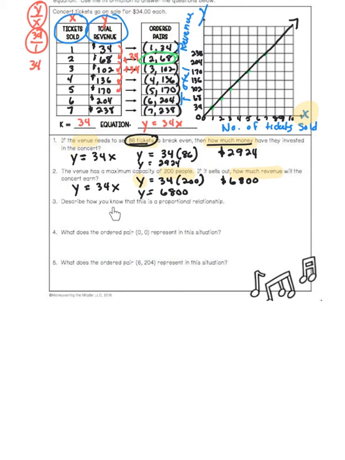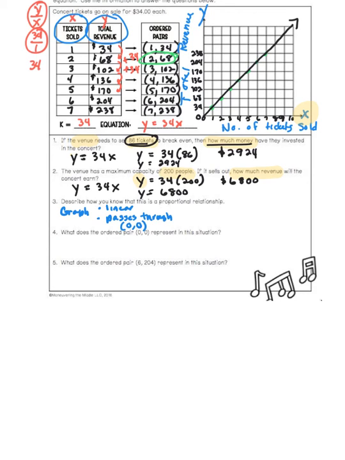Number 3, describe how you know this is a proportional relationship. Well, there's 2 ways we can tell, and frankly, the graph is usually a little bit easier. We can just look at it, and we know from the graph that it's linear, makes a straight line, and it passes through 0, 0, which is the origin.